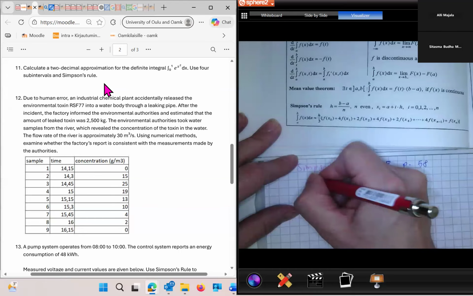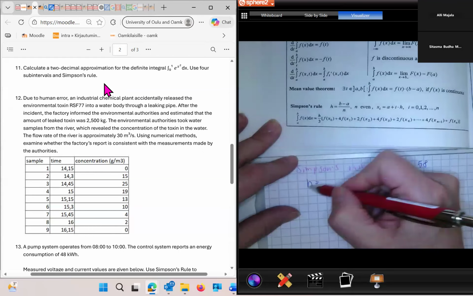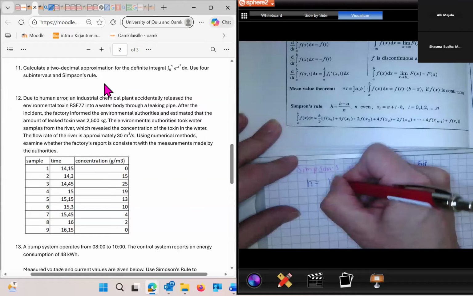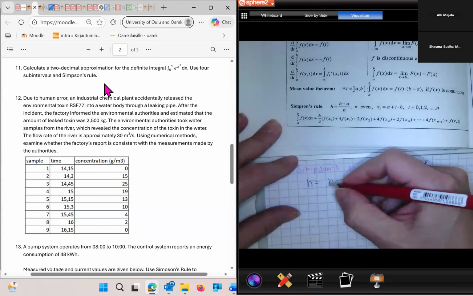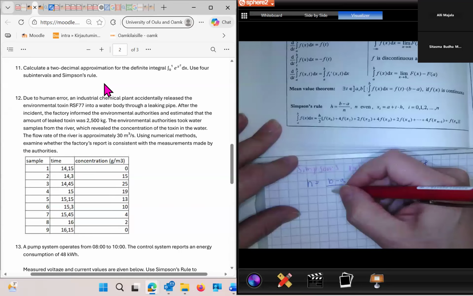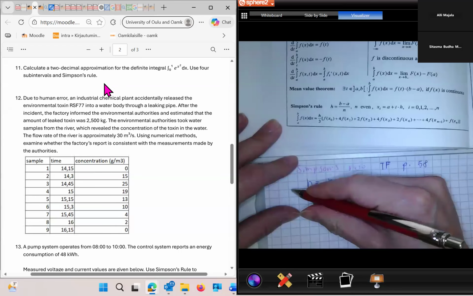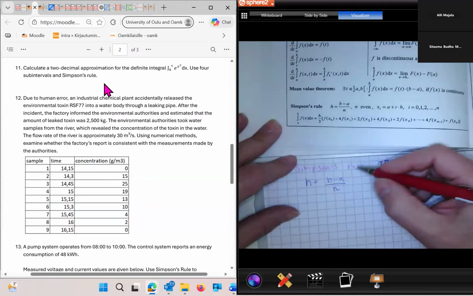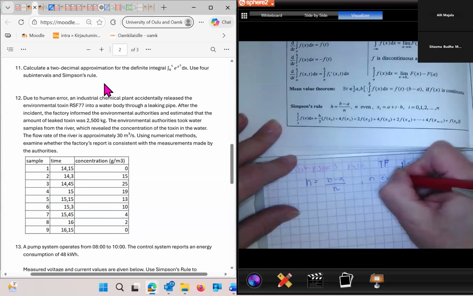So you have to divide the area into sub-intervals, basically. This is what this means. The h is the width of the sub-interval. It has to be even.